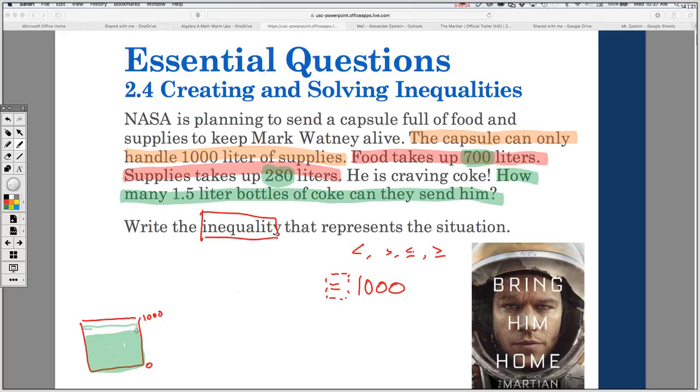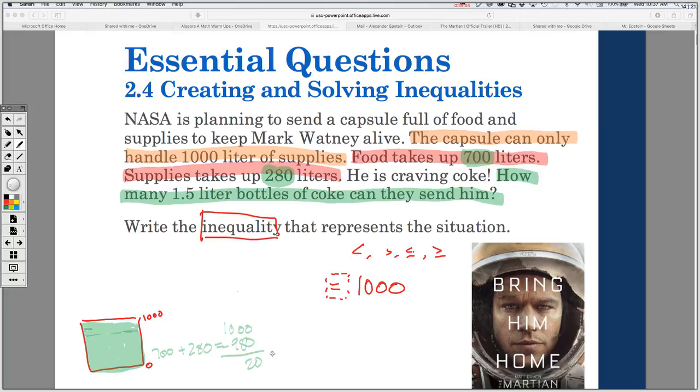So I would do 700 plus 280 equals what? 980. So what's 1,000 minus 980? 20. So you would have 20 left in this spot right here. How would you then find how many liters of soda go in that?